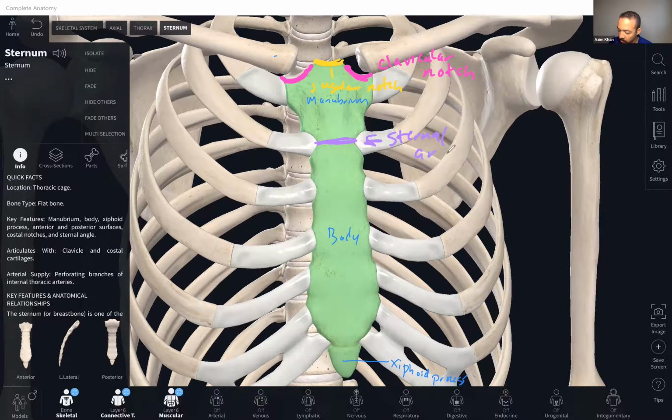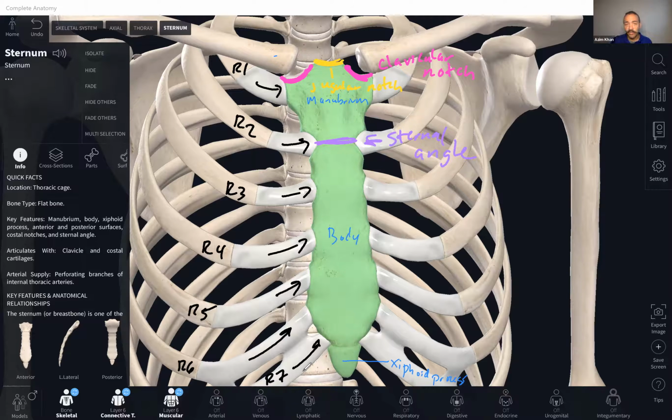We'll go more lateral here in a minute. We can see the costal cartilages of rib 1 articulating here at the manubrium, rib 2 articulating between the manubrium and the body, rib 3 at the body, rib 4, rib 5, rib 6, and you'll have to trust me that this is rib 7.